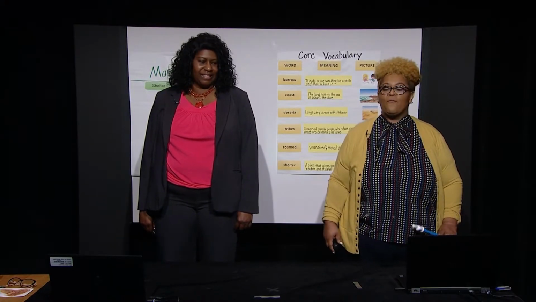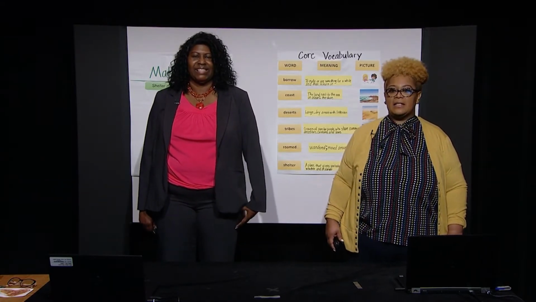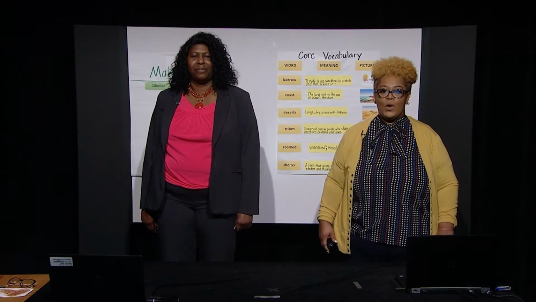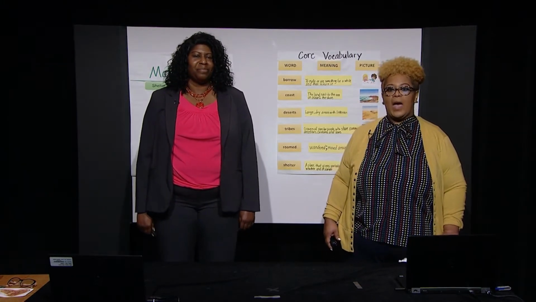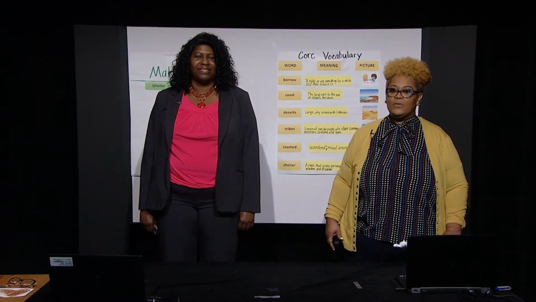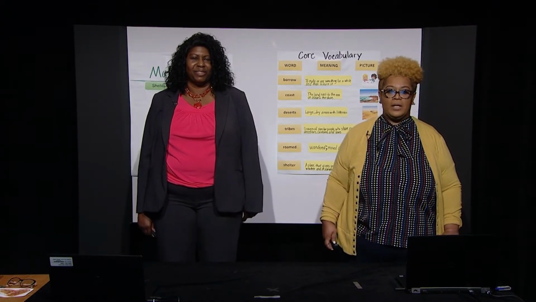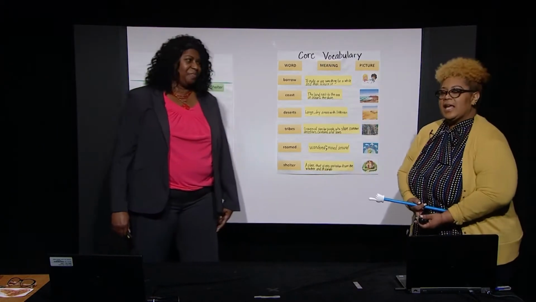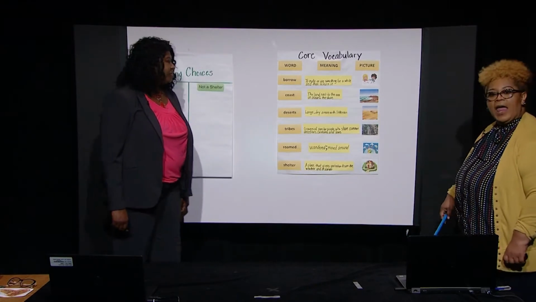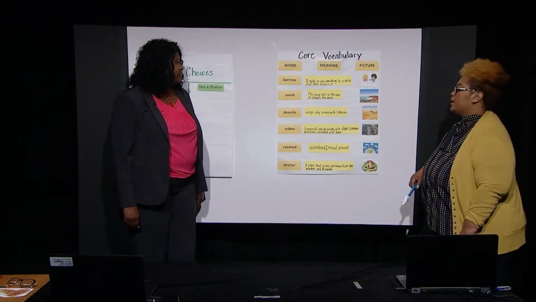Before we begin today's lessons, let's discuss some words that we will reference throughout the lesson. These words will help us better understand what we are reading. Let's take a look, boys and girls, at our anchor chart for our vocabulary.